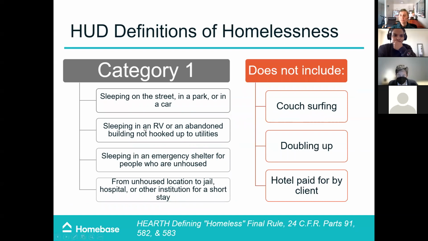Yeah, so these definitions are about the night before. And the specific documentation of that gets really wonky. So technically, HUD talks about night before homelessness, meaning where were you sleeping last night? But there is a window where you can document that night before homelessness up to 14 days prior to enrollment in a project.